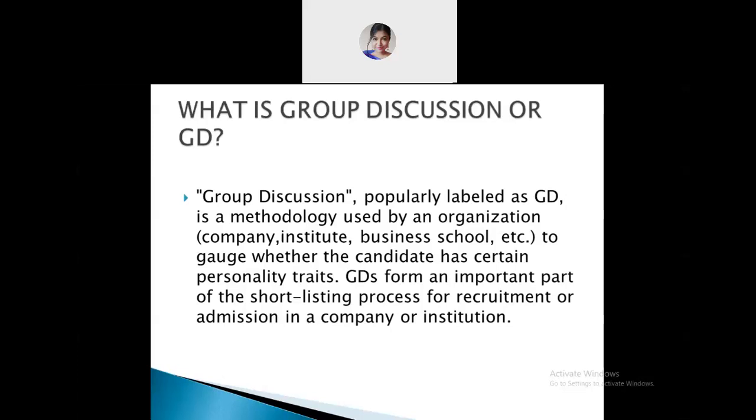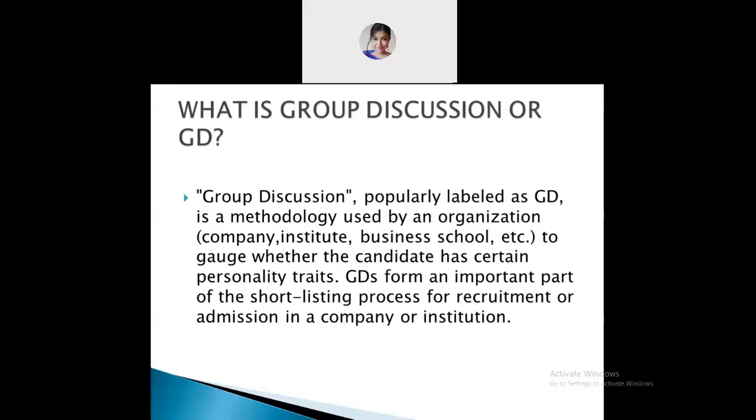GD is one of the first rounds of interviews. In a hiring process, there can be one round of interview, or 2, 3, 4, 5 rounds as well. You cannot do anything about that; it depends upon the recruiters.